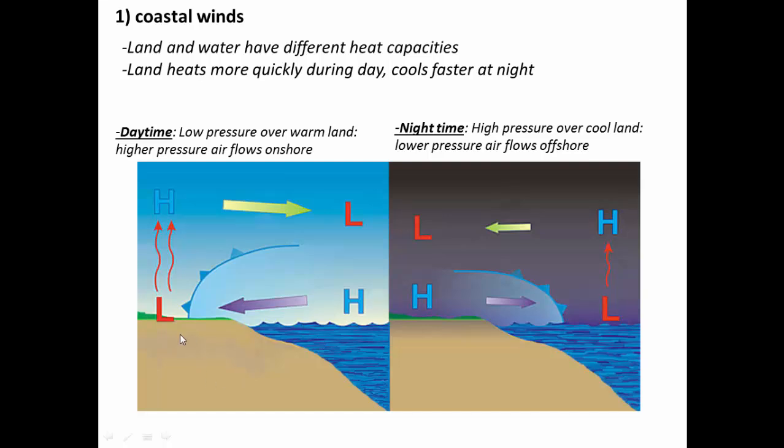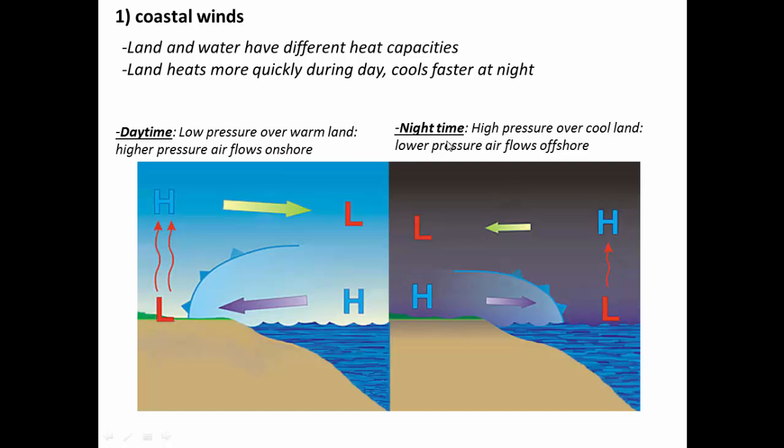It means during the daytime, the land warms, and we get low pressure as that warm air rises up, and cooler, dense, high-pressure air flows in off the ocean. So during the daytime, at least in the summer, you'll often get an onshore wind as low pressure builds over land during the afternoon.